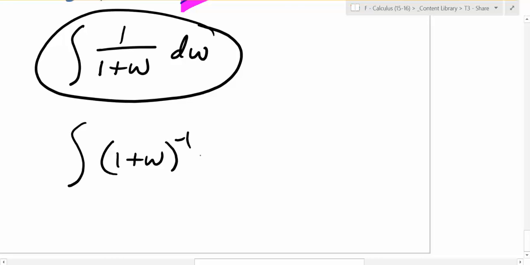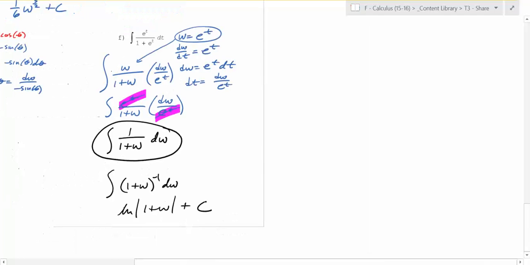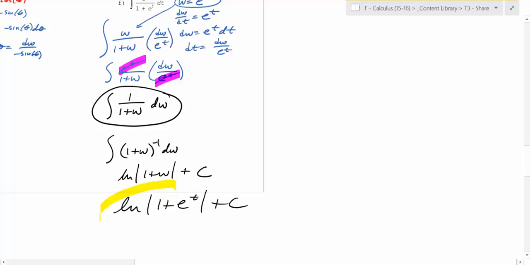Yeah, there you go. It's going to be ln of 1 plus w plus c. But what does w equal? e to the t. So it's going to be ln of 1 plus e to the t plus c. There it is, right there.